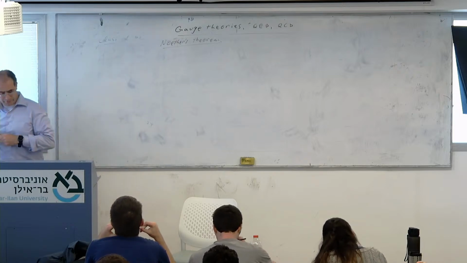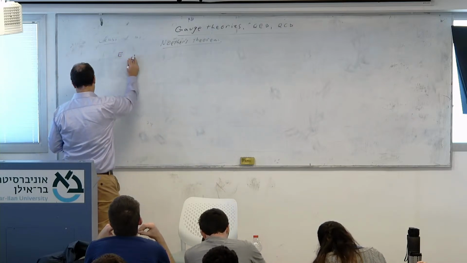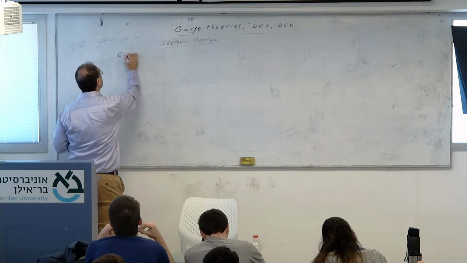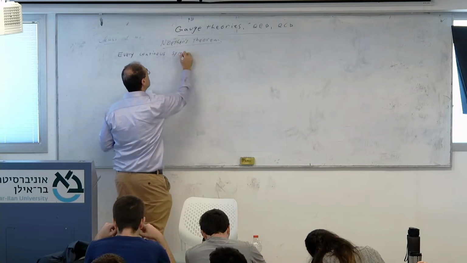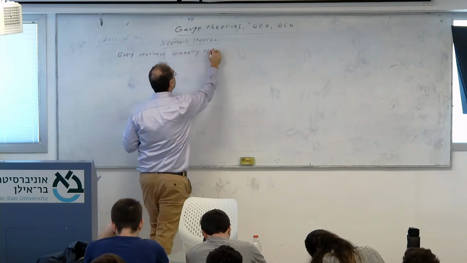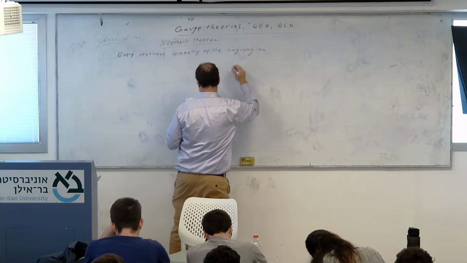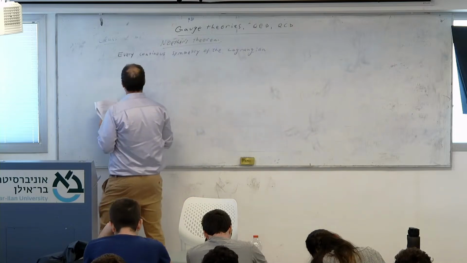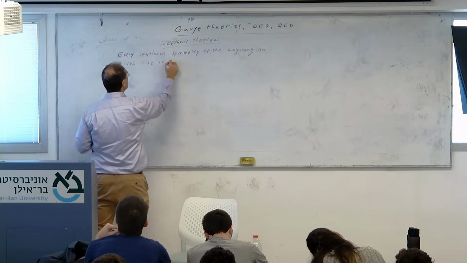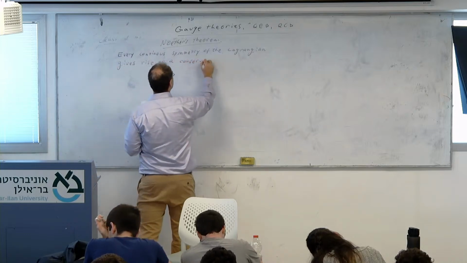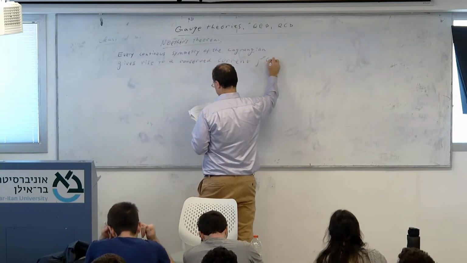every continuous symmetry of the Lagrangian gives rise to a conserved current J mu of x.